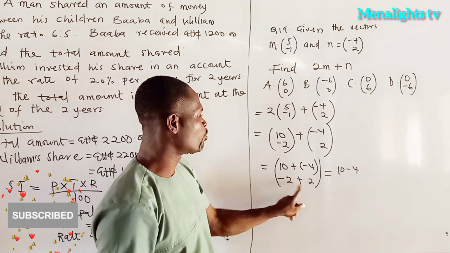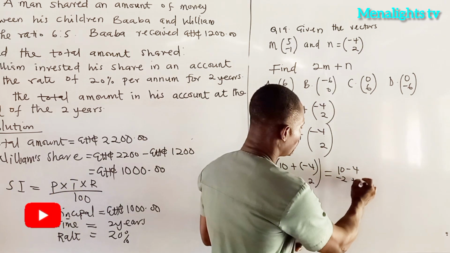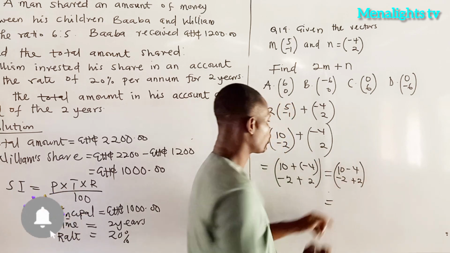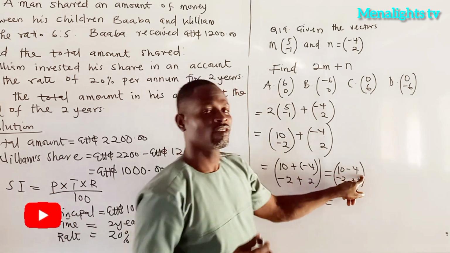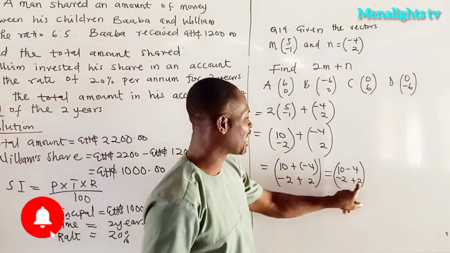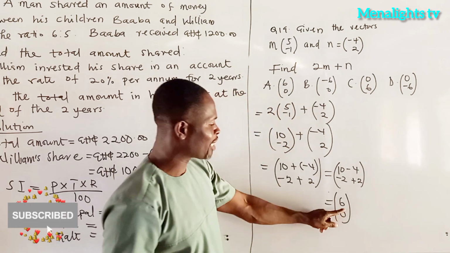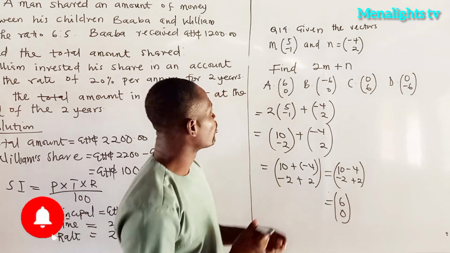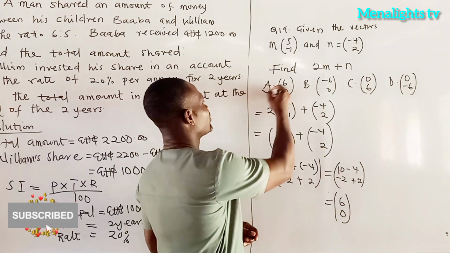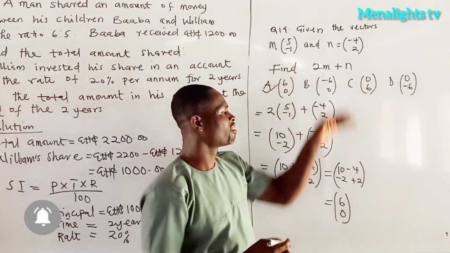Then negative 2 plus 2. So 10 minus 4 will be left with 6. Then negative 2 plus 2 will give us 0. So the answer that we have is 6, 0. So when you look at this, the 6, 0 is A. So the answer to that question number 19 is A, 6, 0.